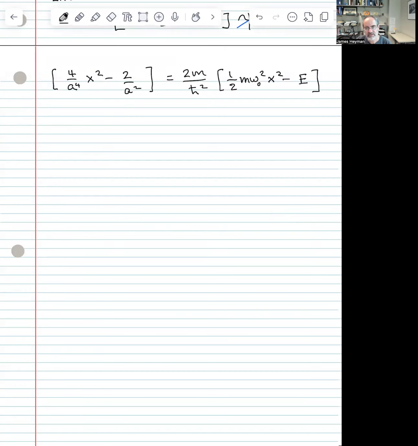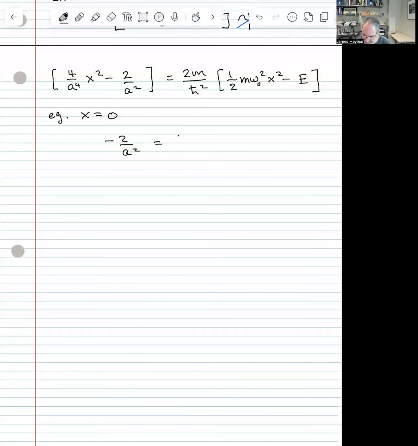But now we can appeal to something. If this equation is true, it has to be true for all values of x, right? And that means it has to be true, for example, for x equals 0. When x equals 0, the equation simplifies quite a bit. Then on the left side, we simply have minus 2 over a squared.